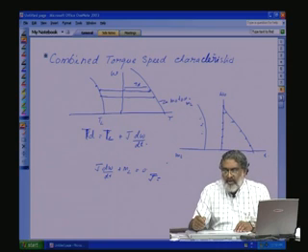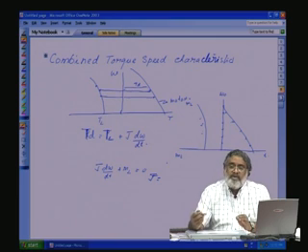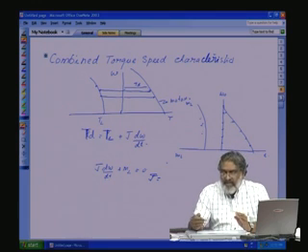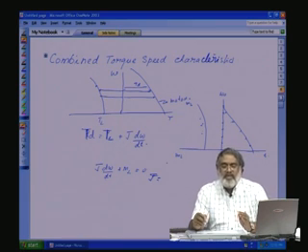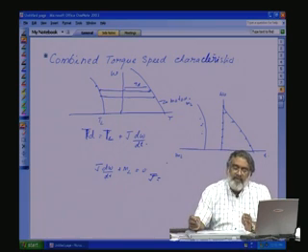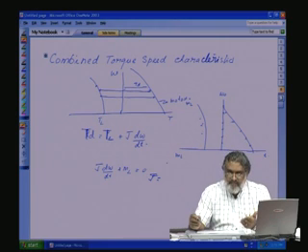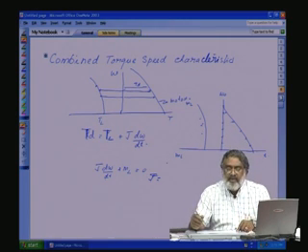Now, let us go to some of the basic power converter configurations. Because we require the power converter, once we select the power converter, only then can we choose the control function. First we will study the power converters required for DC motor drive applications, then we will go for the inverters, the power converters required for AC motor drive applications.